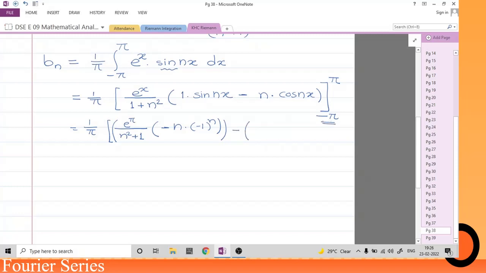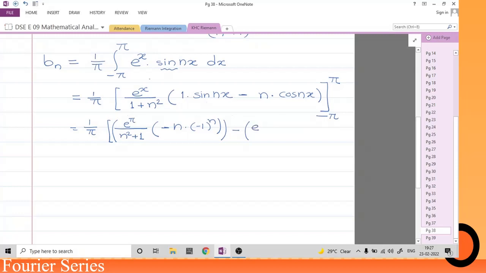For negative pi, just neglect that minus sign, because when cosine appears, cosine of negative pi is the same as cos of pi, positive, and for sine it becomes 0, so the negative sign will not harm you, it is so innocent.